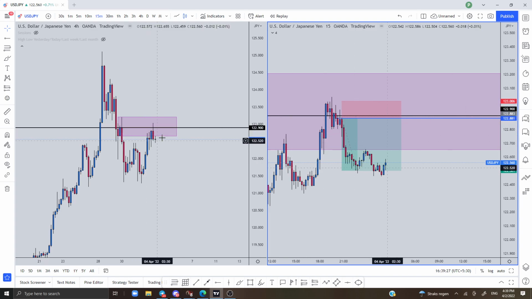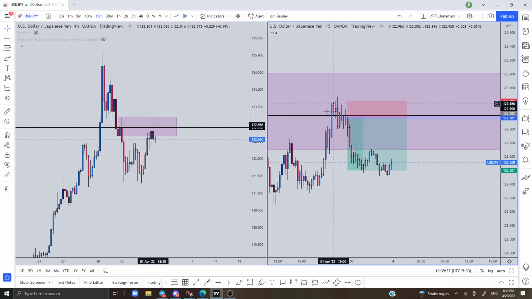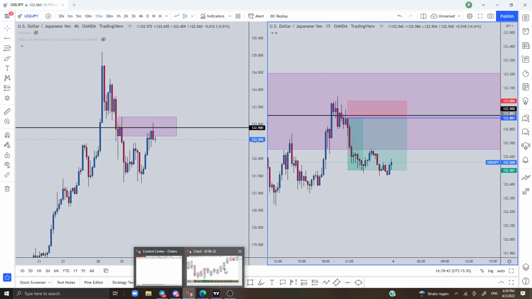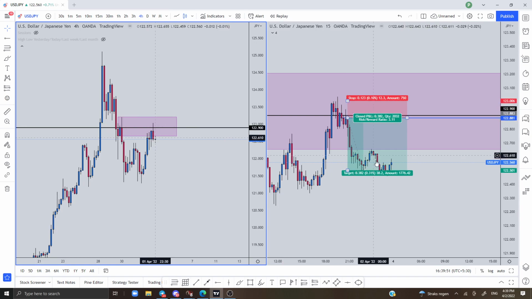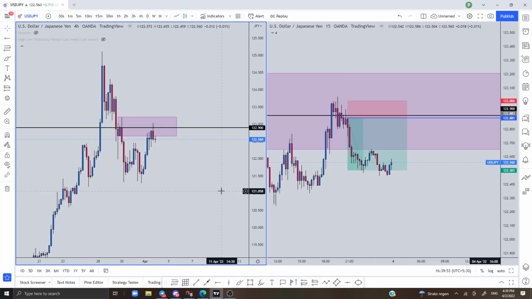Okay, now we waited for the 50% mitigation of that supply zone, then switched to M15 order flow, looked for a 6J buy setup. When the 6J was buying, we got all the three order flow confluences. 6J was buying, so USD JPY was dropping, and we took that trade. So that's a nice 3R trade.